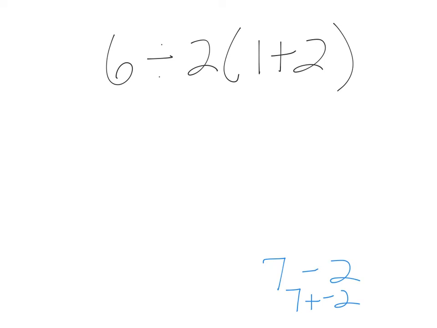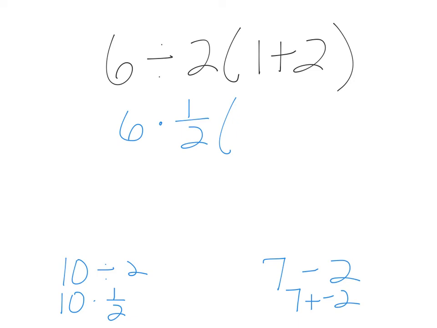The same thing is true when you do things like this. 10 divided by 2 is really multiplication, and it's 10 multiplied by a half. So if we're looking at it this way, 6 divided by 2 is the same as taking 6 multiplied by a half times 1 plus 2.